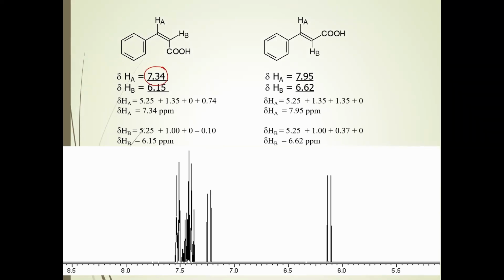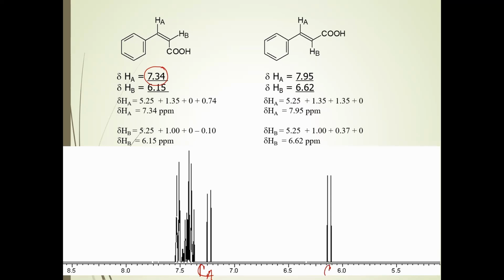7.34. So we'd come out to about 7.34 would be right around here. This would be for the cis. Or actually, let me correct that. Cis A. Cis B would be 6.15.